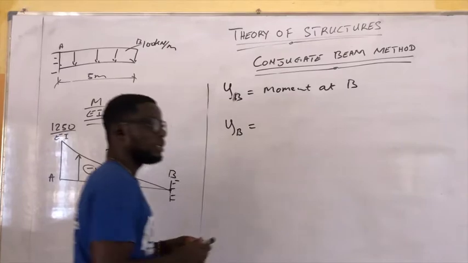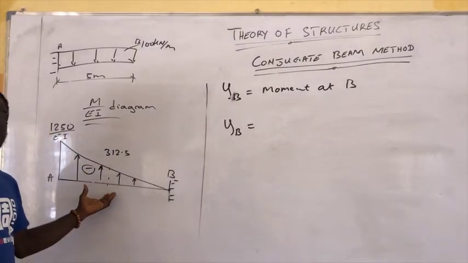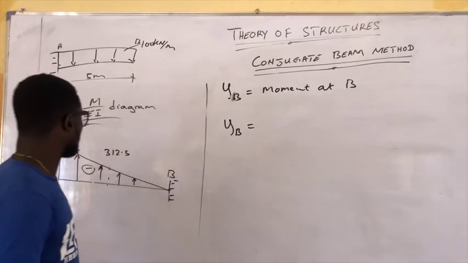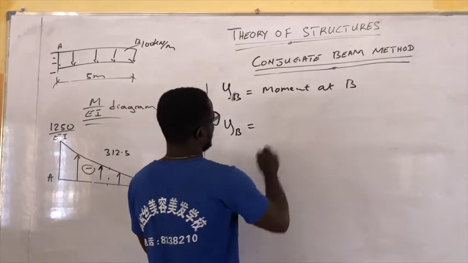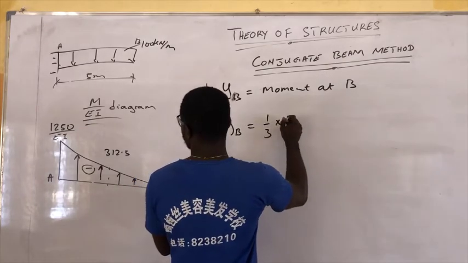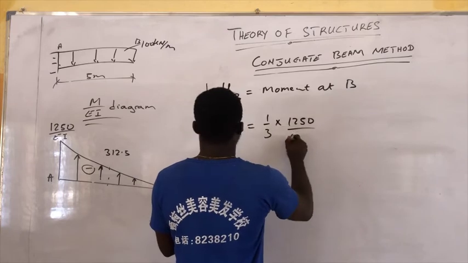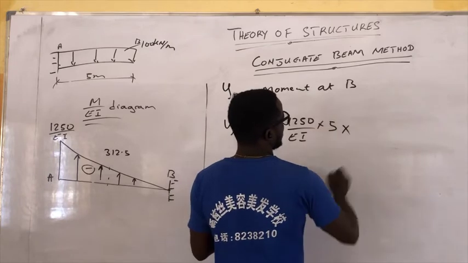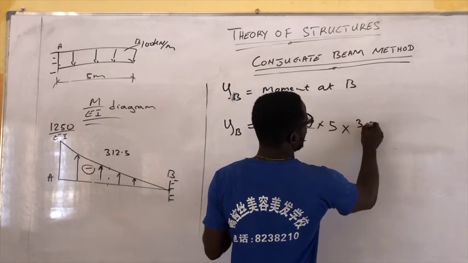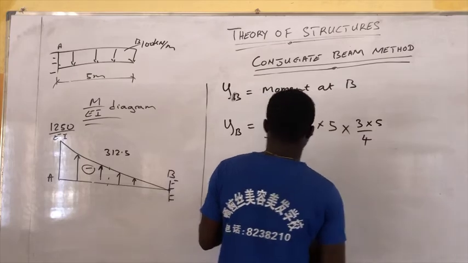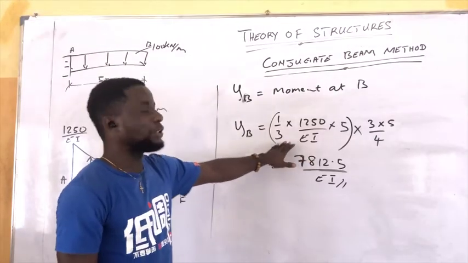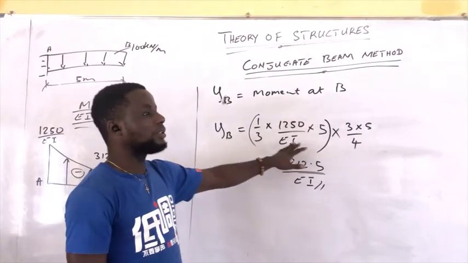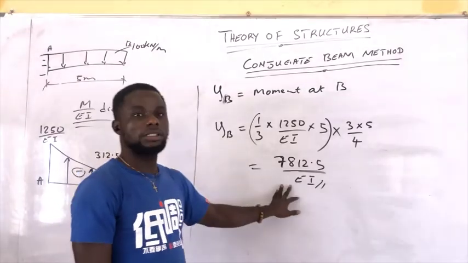Also, we need to get the load intensity multiplied by the centroid. This is the area, which will give us the load intensity multiplied by the centroid. When you simplify all this, we arrive at our deflection at B being equal to this.